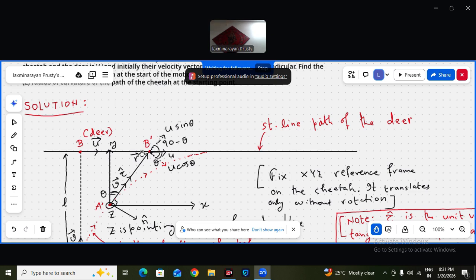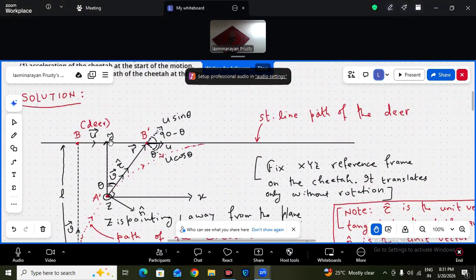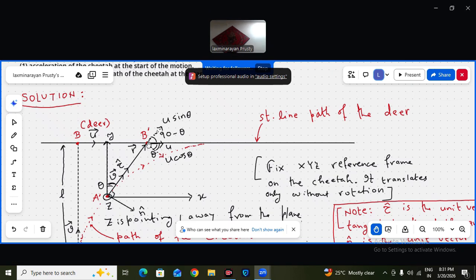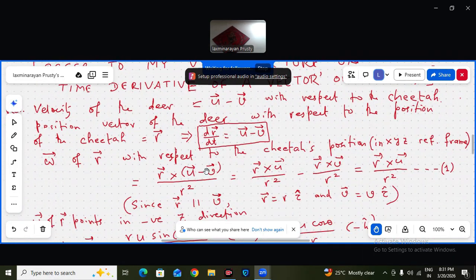That means in the reference frame of xyz, the velocity of deer with respect to cheetah is u bar minus v bar. Very simple. Okay.